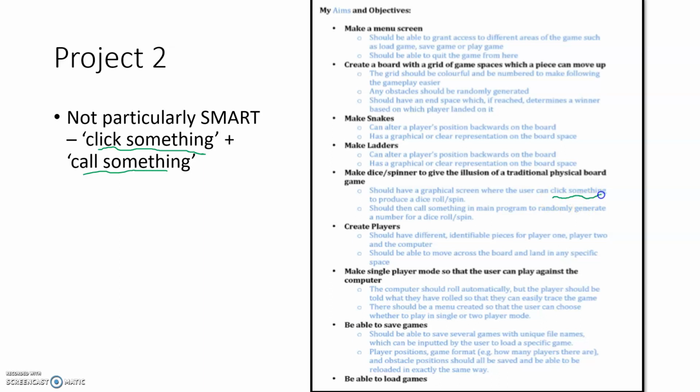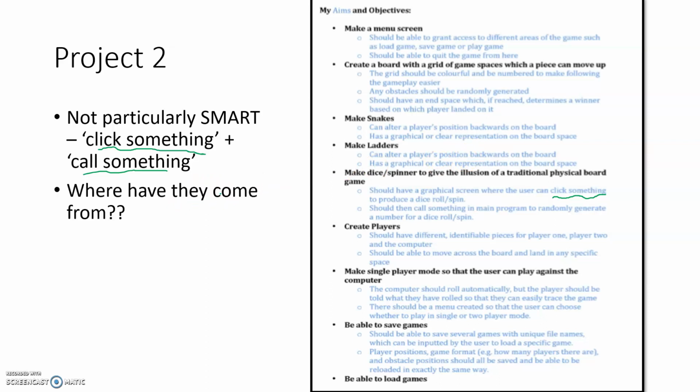Here you go, yeah, so the wording in the requirements, and just clarity on that, if you were actually given this list of requirements and told to go and make this game, I think particularly if you didn't have any prior knowledge of Snakes and Ladders, you'd be thinking, well, what on earth, 'make snakes', and then I've got a description about actually moving the player's position backwards on the board. They're not very well written, they're not very clear.